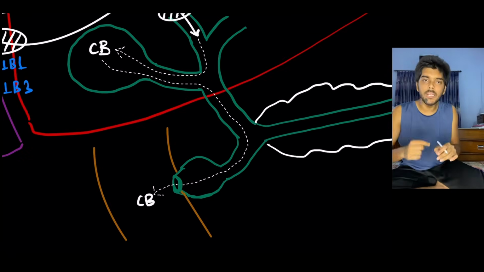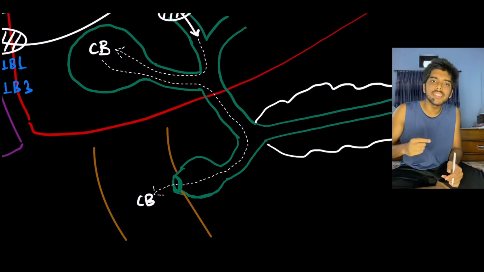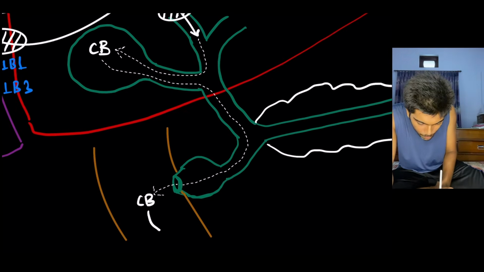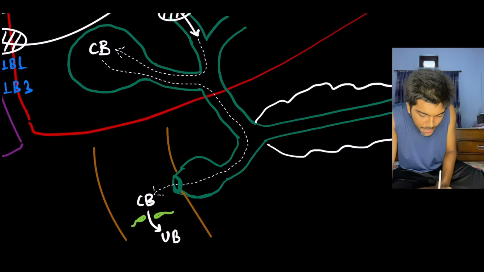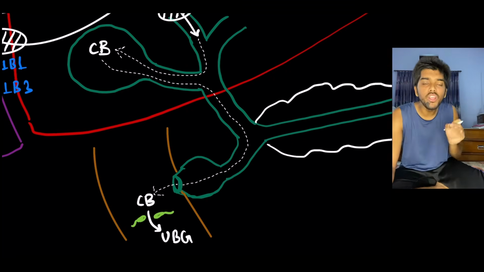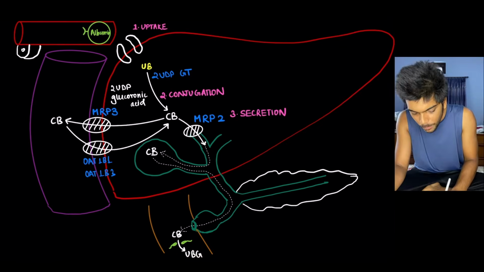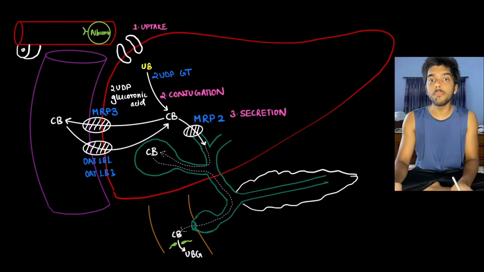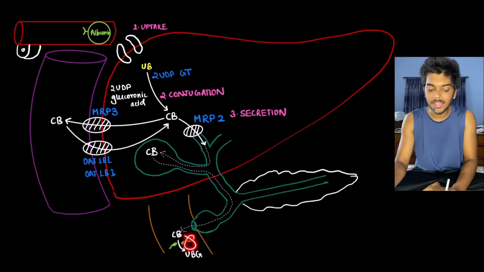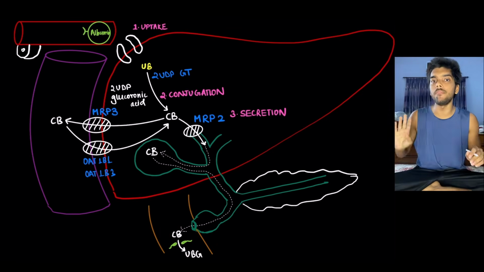The conjugated bilirubin inside the gastrointestinal tract is acted upon by the bacteria of the gastrointestinal tract, and gets converted to urobilinogen. The urobilinogen that is formed by the metabolism of conjugated bilirubin by the action of gut bacteria has 3 possible fates.